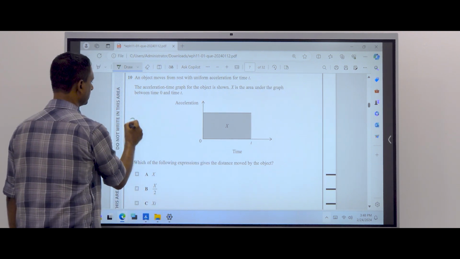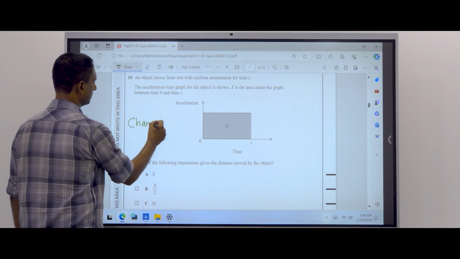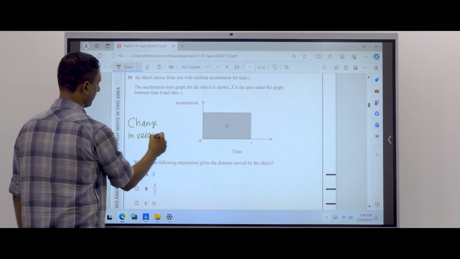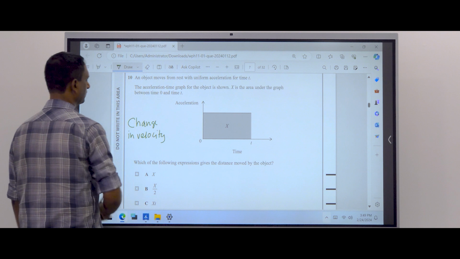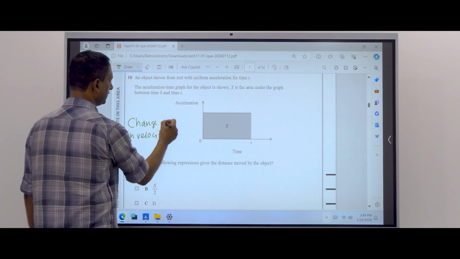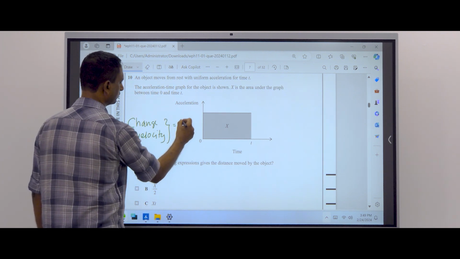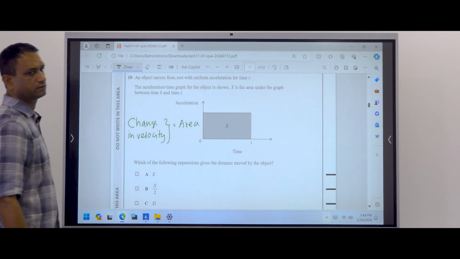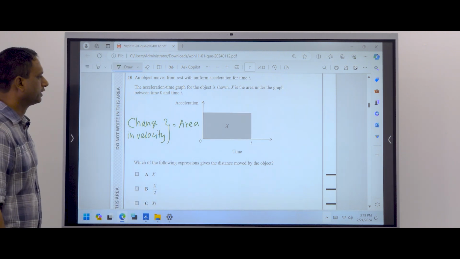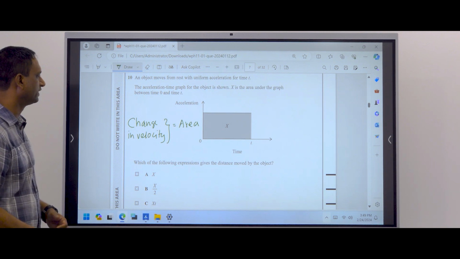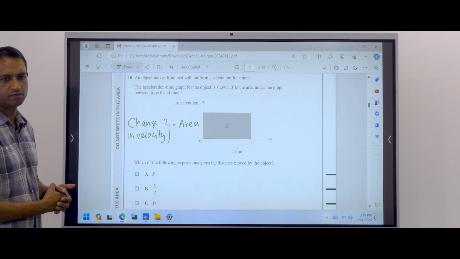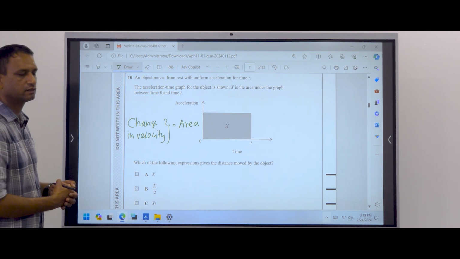The area under a velocity time graph is displacement.